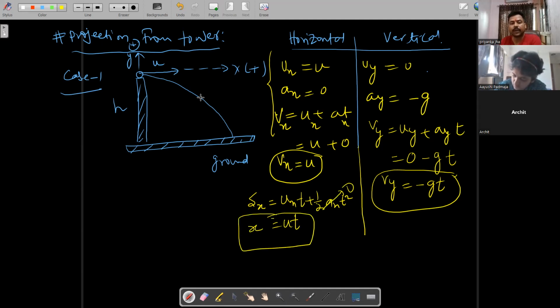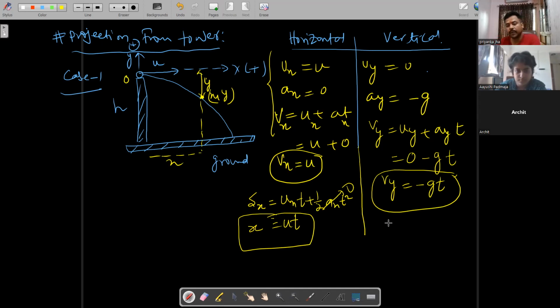So at any point you can find x and y. This is the displacement along x, and this is the displacement along y. This is y because we are taking x and y from here, as we have the origin over here, with the origin at the top of the tower. Understood?